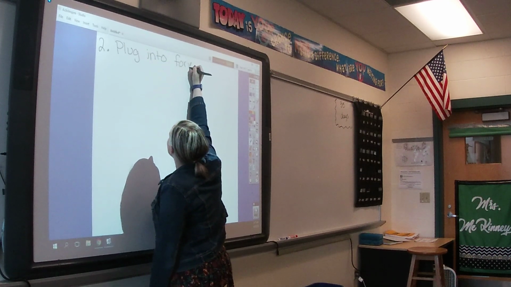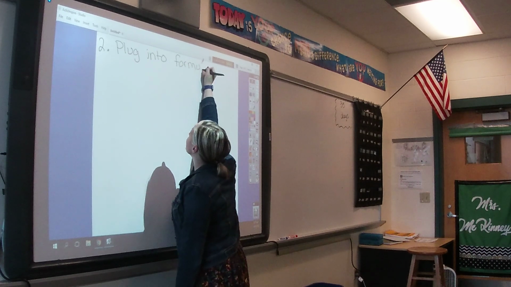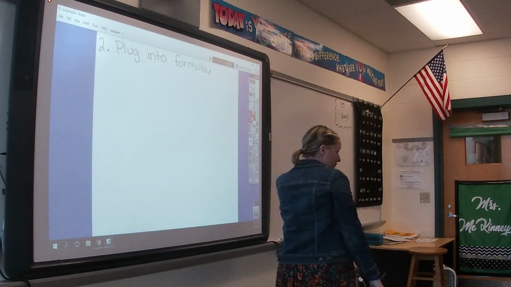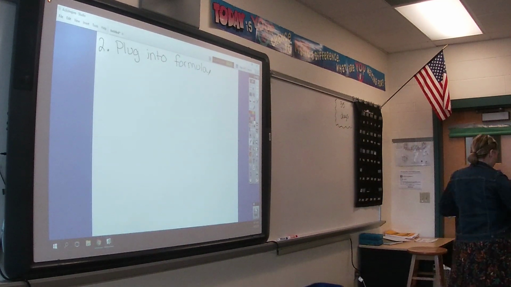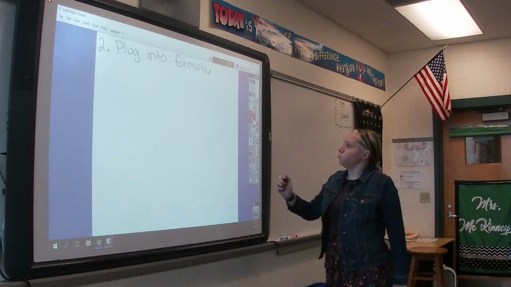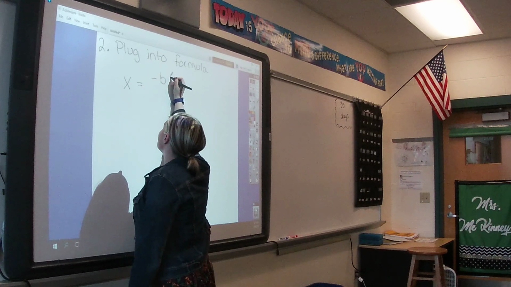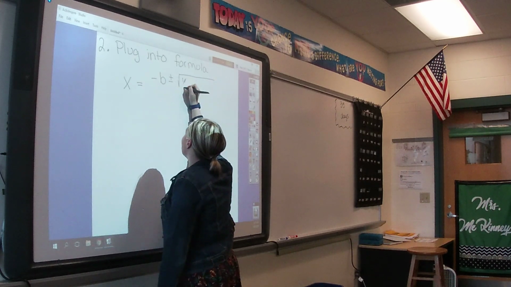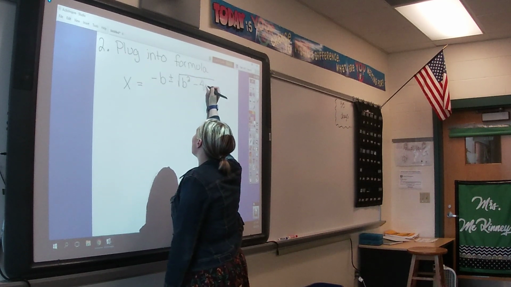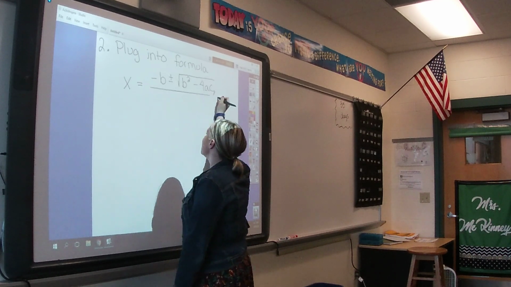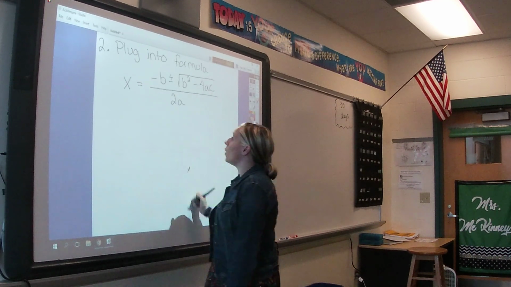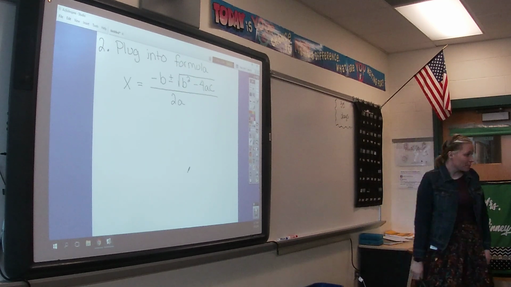Our second step is that we are going to plug them into the formula. So if this is our formula, we said this was our quadratic formula we wanted to use.